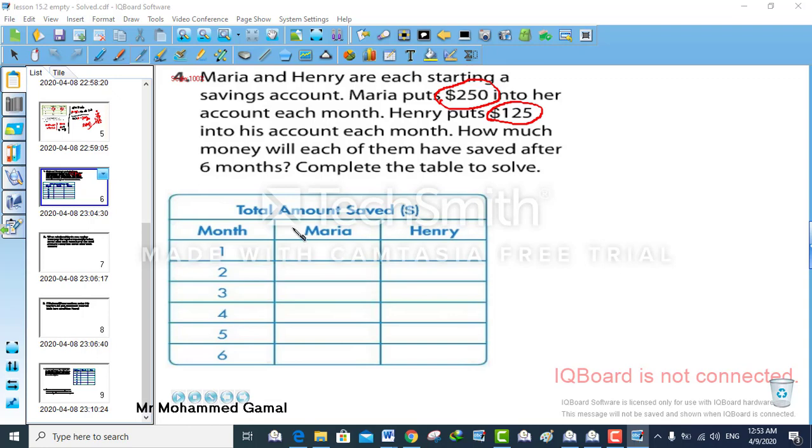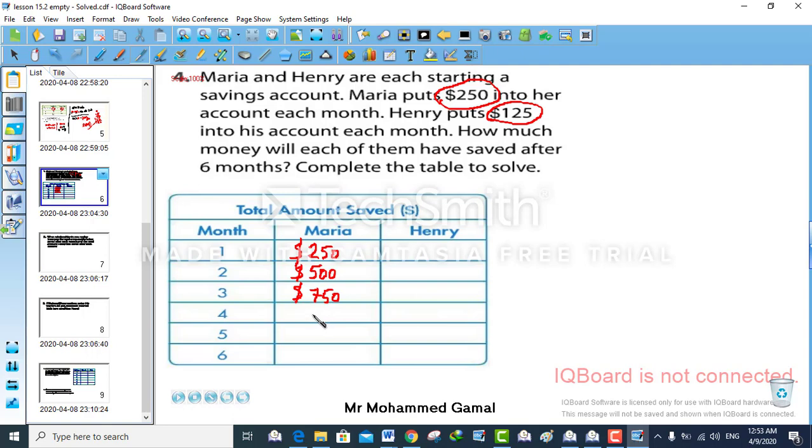Okay, as you know, we will start for Maria with $250, and each and every time I'm going to add the same 250. So the second month, 250 plus 250 will be 500. Another 250 will be $750.